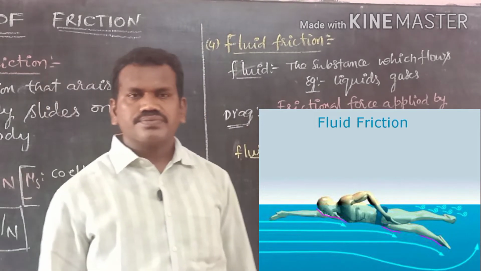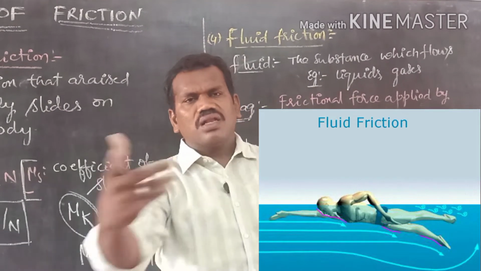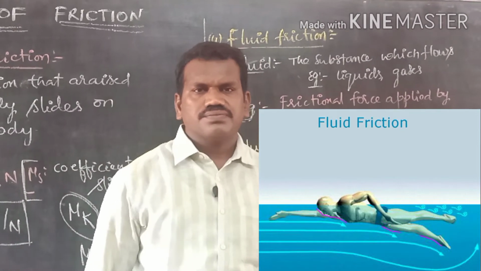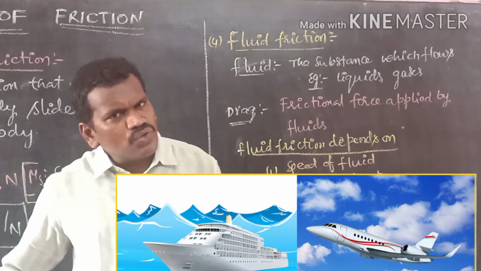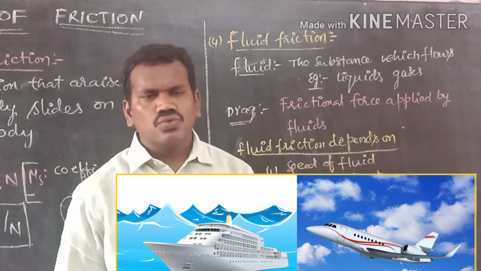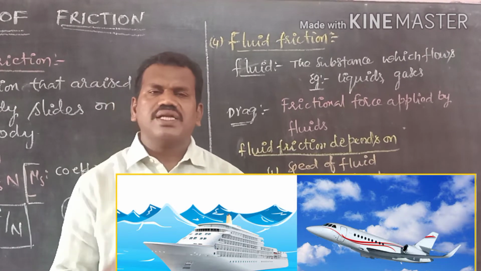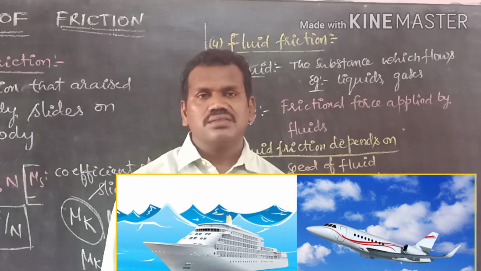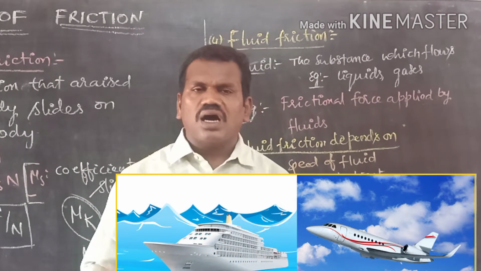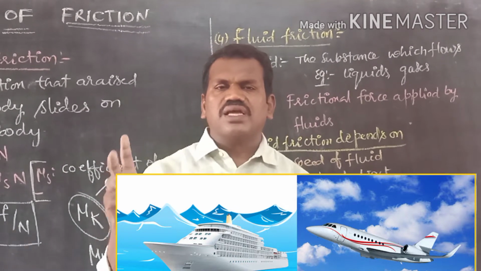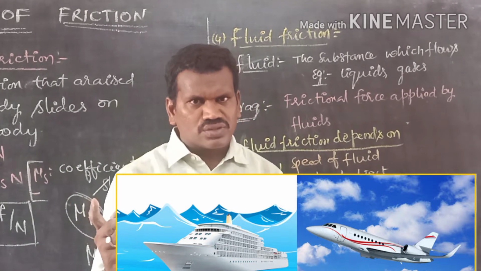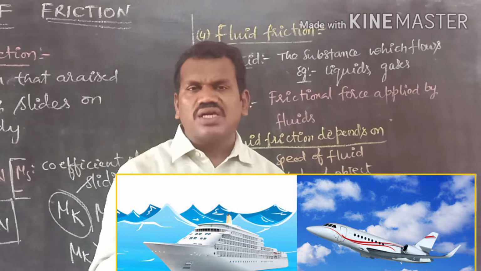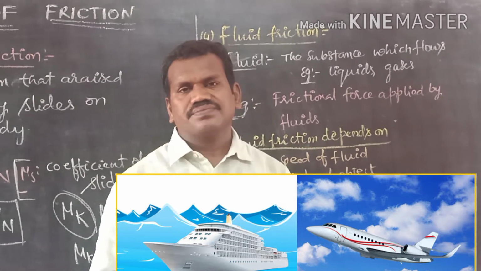For example, you throw a ball into the air or into the water. Does it move till the end? No. It will stop at a particular point. Why? The water or the air is applying a force on the ball, a frictional force. It's an invisible force. We can't see it, but it is acting.